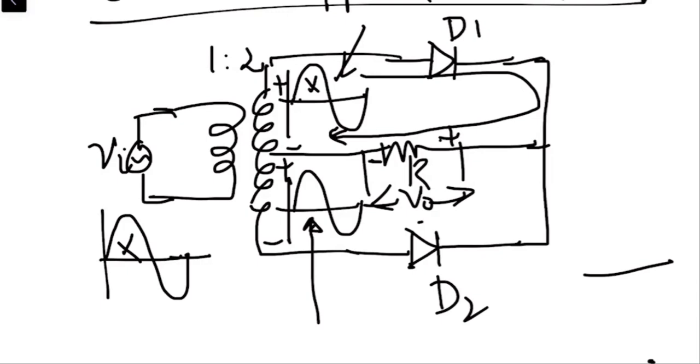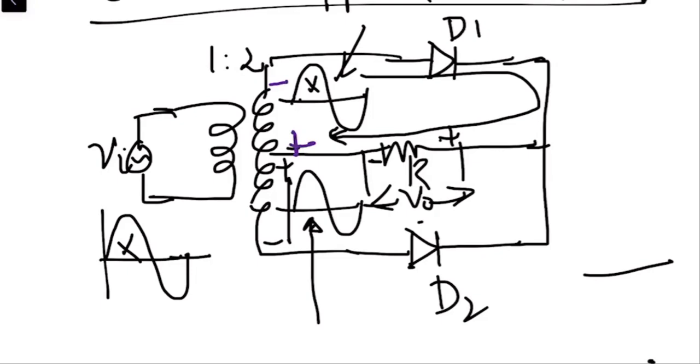Now, when the negative cycle comes, the diode D1 will behave as reverse bias, and diode D2 will behave as forward bias. Due to the negative half cycle, this side is going to be negative, this side is positive.